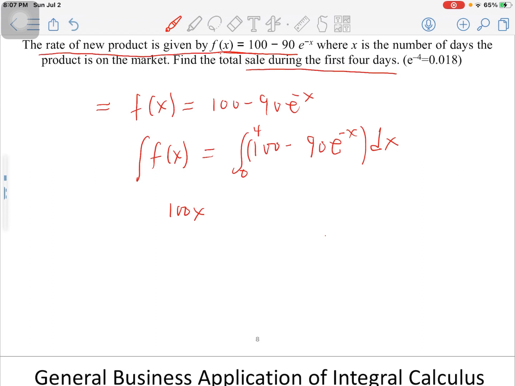When we differentiate what is up there, we multiply by what is up here. Now remember that the 90 is a negative, and therefore when we differentiate whatever is up here and multiply here, we are going to get a positive. When we differentiate negative x, we get negative 1, and therefore negative times negative, we get positive. So we are going to get plus 90 and then exponent negative x, and don't forget that we have a limit of 0 to 4.